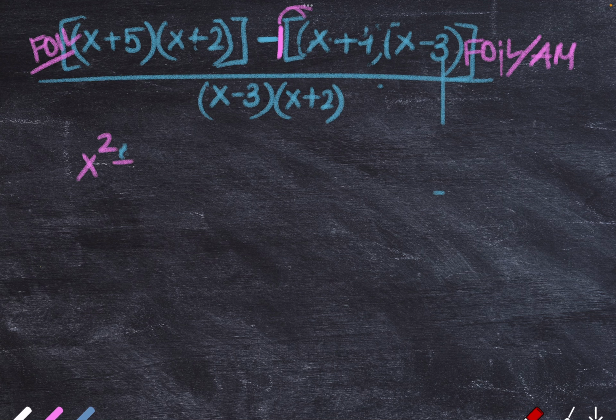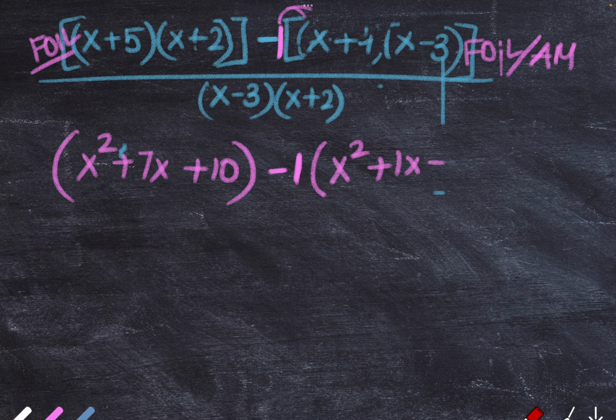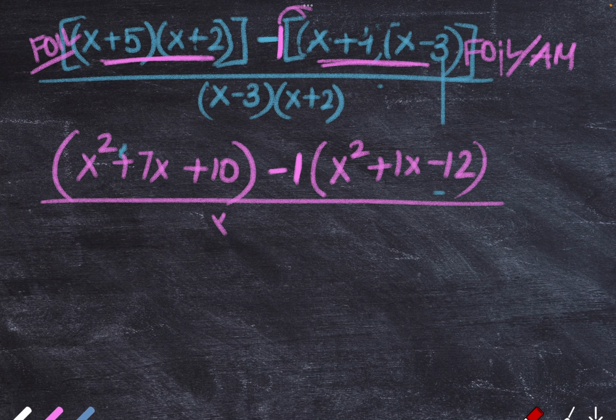After foiling the first term, I get x squared plus 7x plus 10 minus, remember there's an imaginary 1 outside the bracket, so now I have x squared plus 1x minus 12. I have area modeled or FOILed these two together, and now I'm writing the answer with the common denominator again.